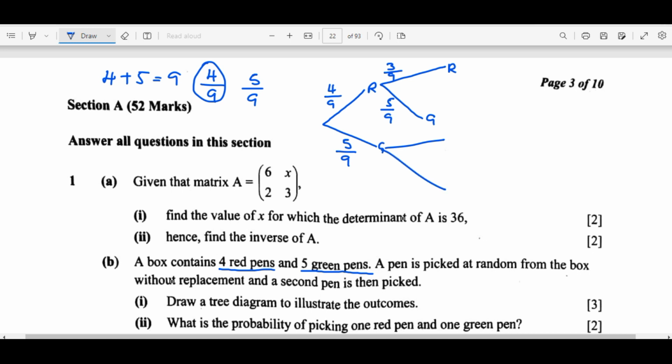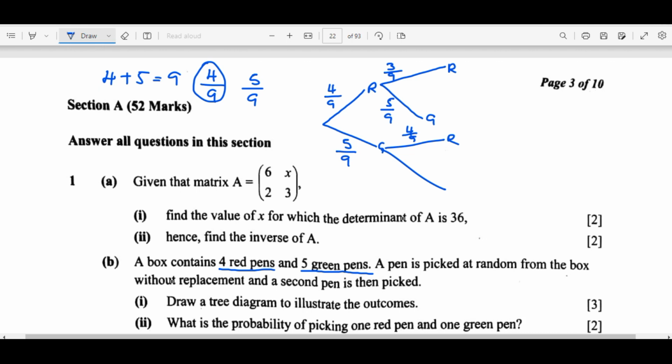So under green, there is a probability that they can pick red. Red we're going to maintain, because here it wasn't picked. So we're going to maintain the first one that we have, which is 4 over 9. Why have we maintained? Because the probability that we want is green.